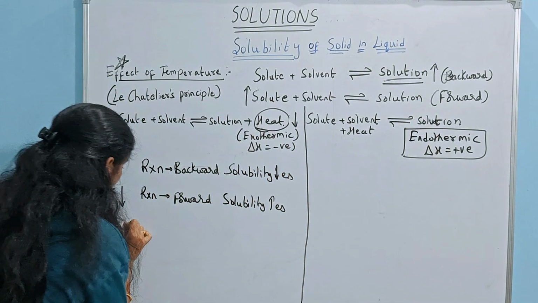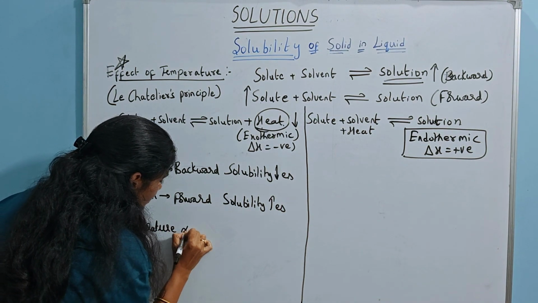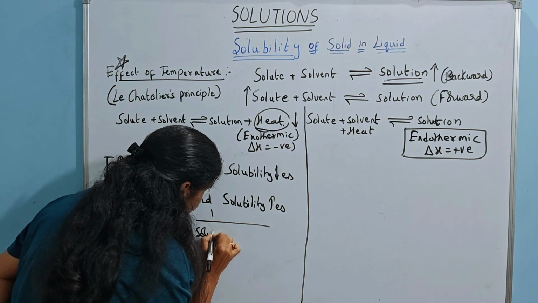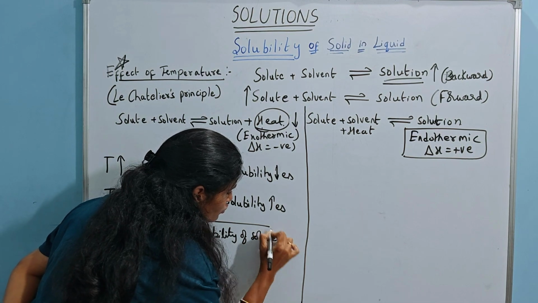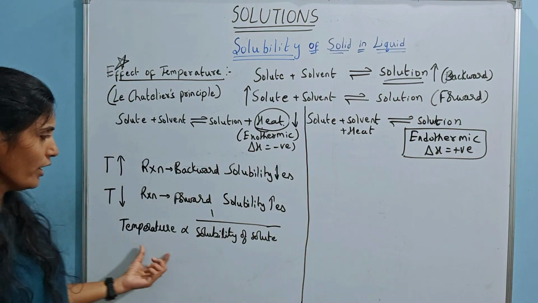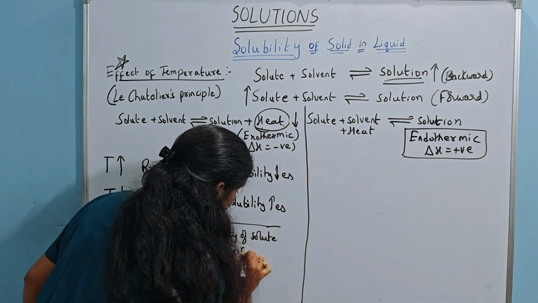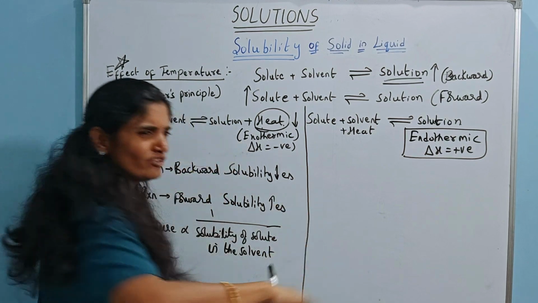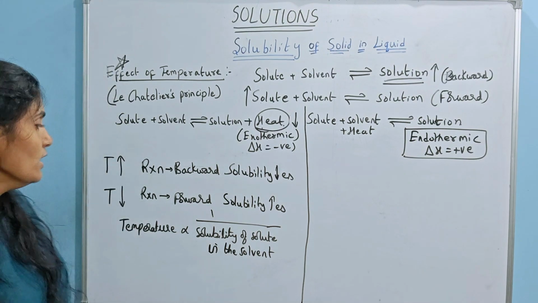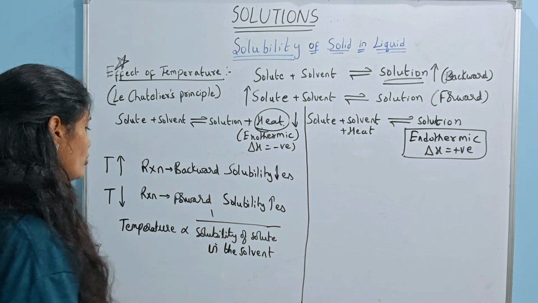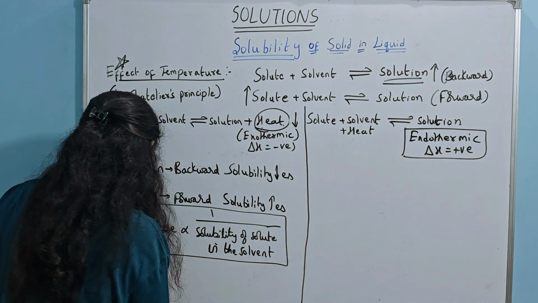So can I say, for the exothermic reaction, temperature is inversely proportional to the solubility of solute? Whenever you increase the temperature, the dissolution process gets slowed down, so the solubility decreases. So temperature is inversely proportional to the solubility of solute in that particular solid.